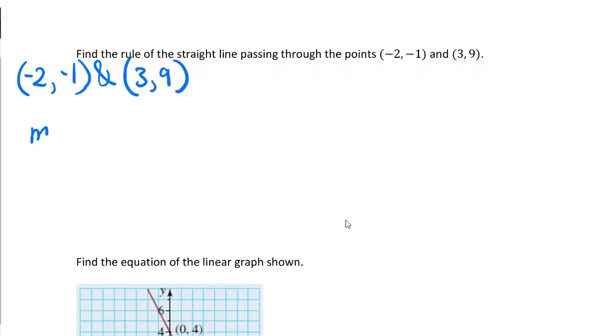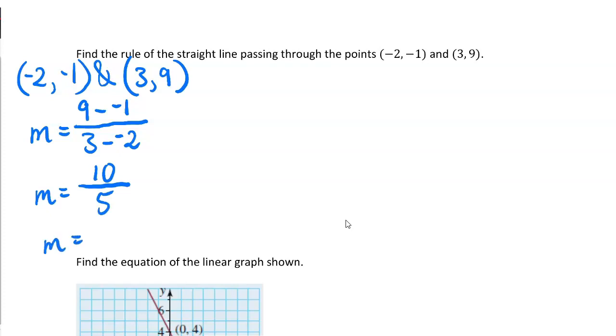All right, so m equals 9 minus negative 1 over 3 minus negative 2, equals, so 9 minus negative 1, so that's 9 plus 1, gives me 10, over 3 minus negative 2, so that's 3 plus 2, that's 5, so m equals 2.